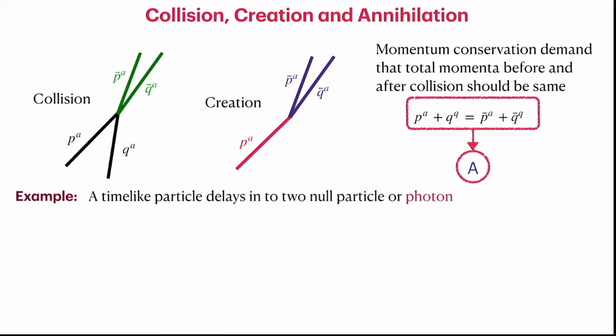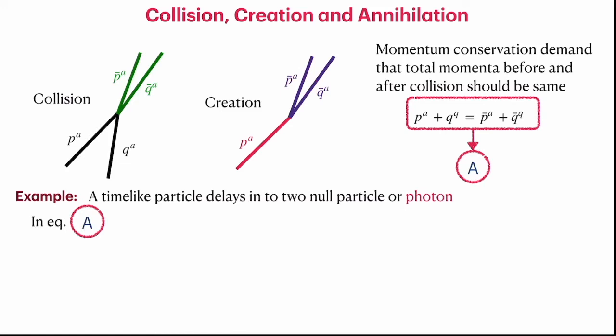In the first example, let's say a time-like particle decays into 2 null particles or photons. The particle gets decomposed into light. So before the collision, we have a P^A, which is a time-like 4 momentum, and which breaks into 2 null 4 momenta P bar^A and Q bar^A.